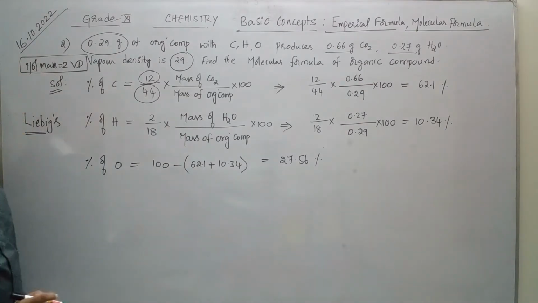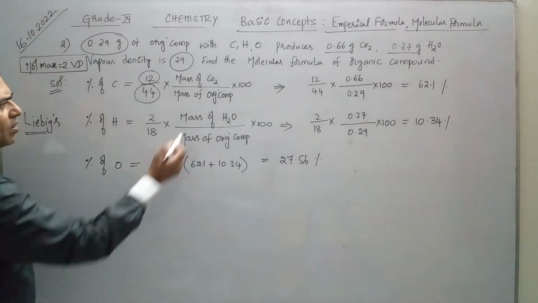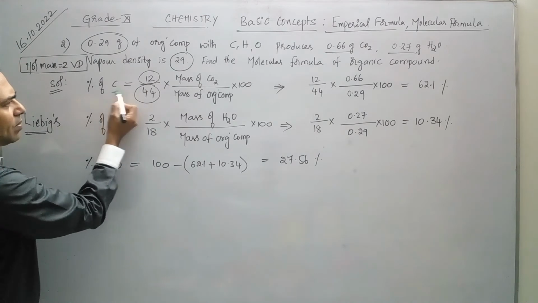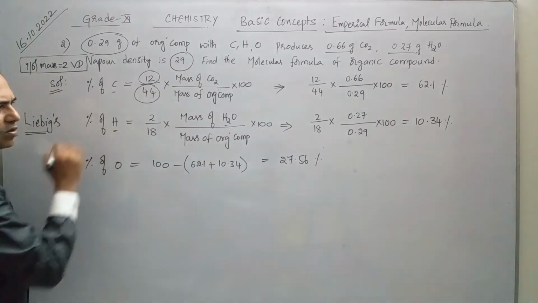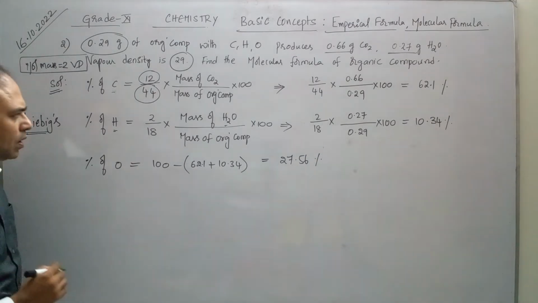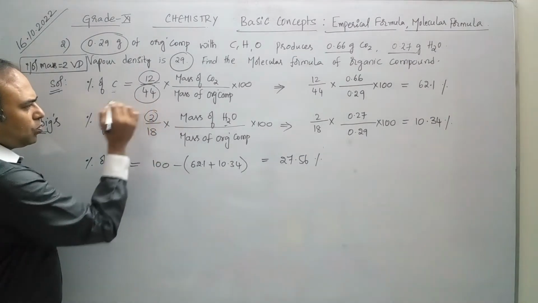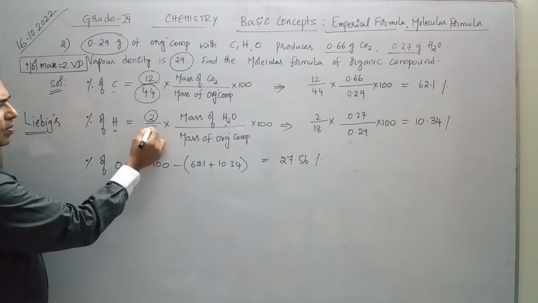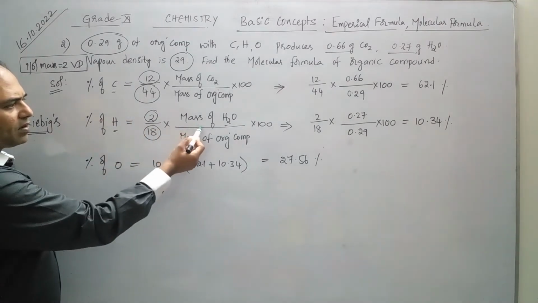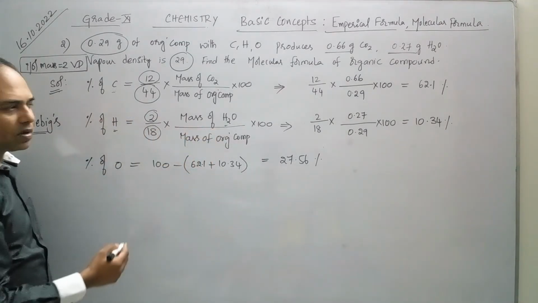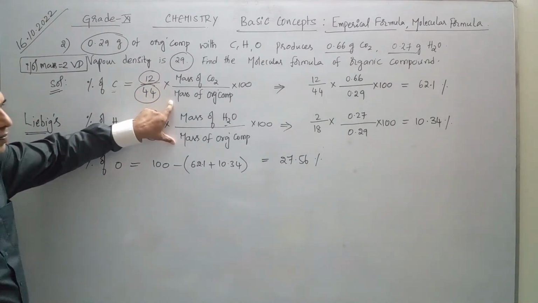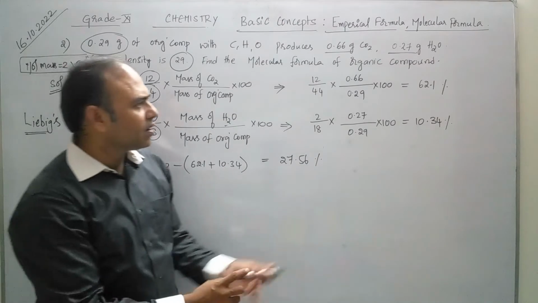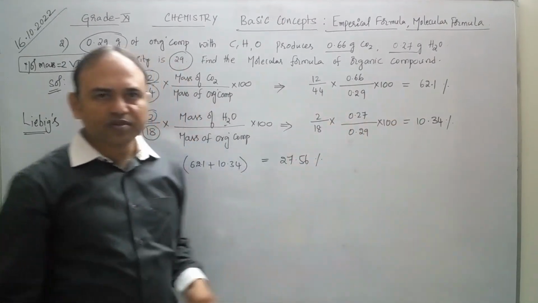We are already familiar with this. Why did we get CO2? Because combustion of carbon gives CO2, and combustion of hydrogen gives water. As such, 2 atomic mass divided by water molecular mass into mass of water by mass of organic compound. In both cases, the organic compound mass is common in the denominator. By substituting this, we got carbon and hydrogen.